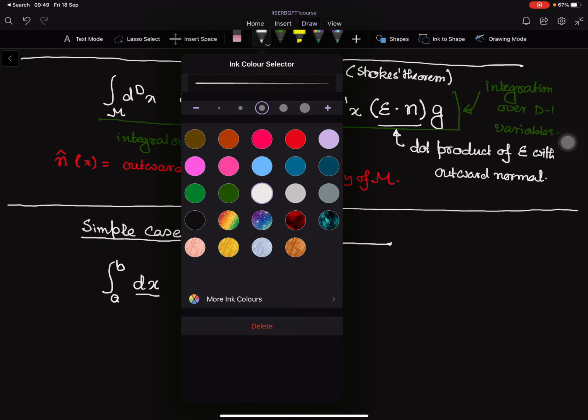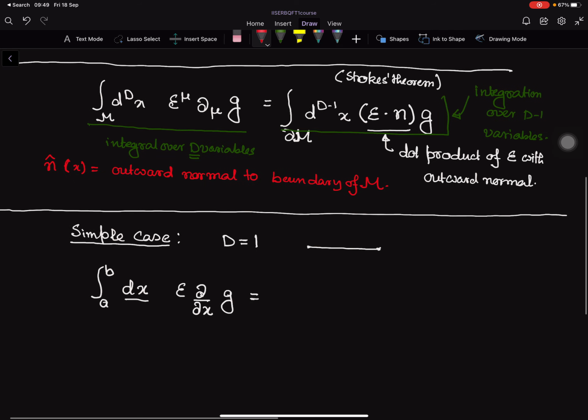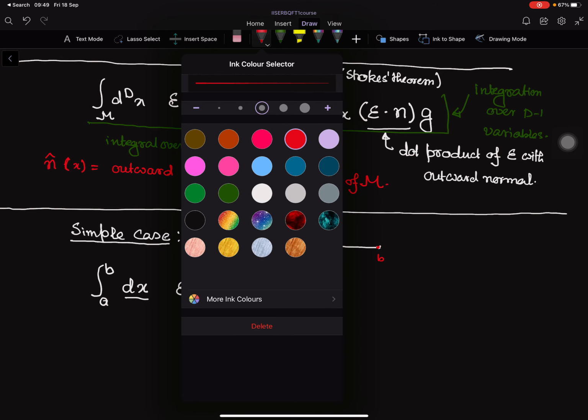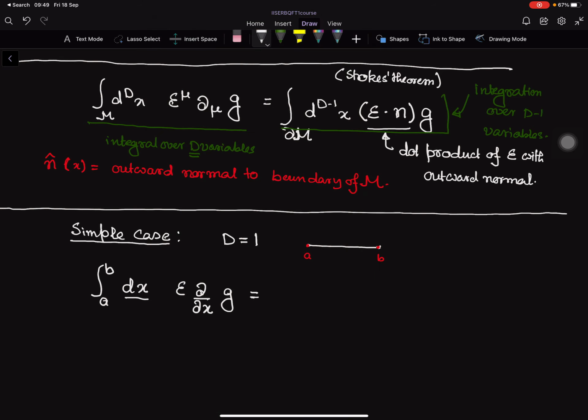Then it has two boundaries. And you see that the outward normal at B is in this direction, and the outward normal along A is along this direction, right?